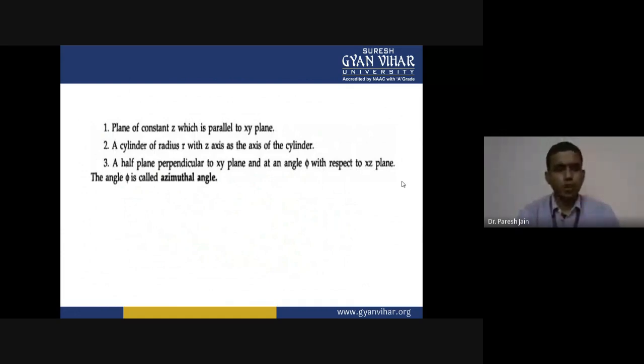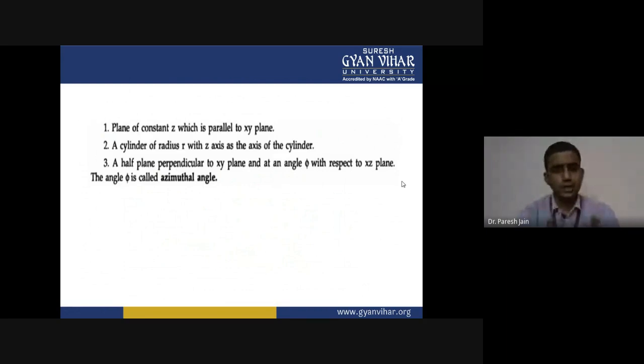Plane of constant z, which is parallel to the xy plane. Here we have a plane which is parallel to the xy plane, and the equation of the plane is z equal to 0.